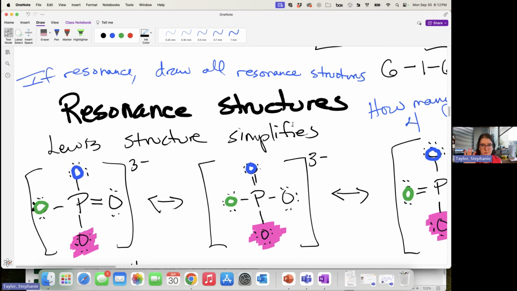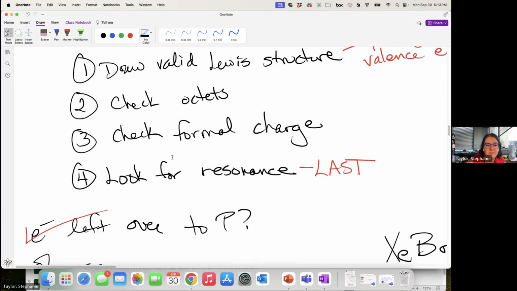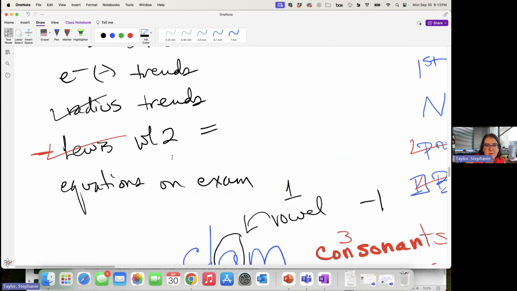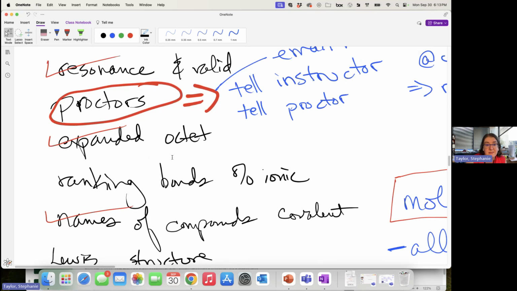So just realize that that question comes in different formats, and so you should be prepared for either one. So yes, you might have to draw all of them, but maybe not.